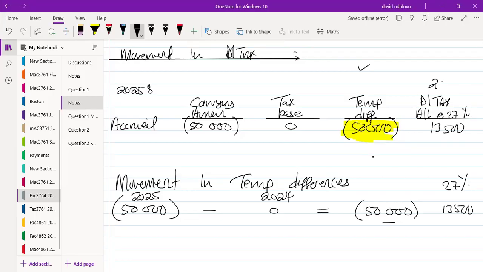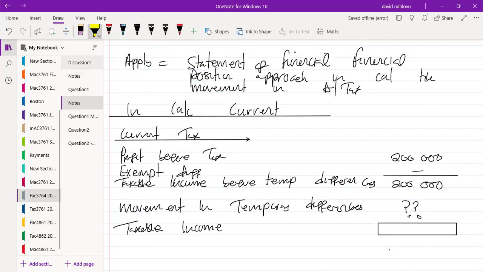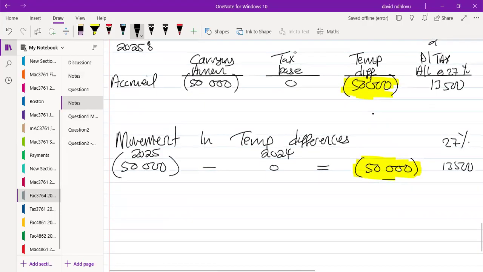Any questions? Right, then what to do? You now take this amount, which is your movement in temporary differences. This is the figure that you bring here. So you bring the amount of 50,000. What happens if the amount here is a negative?